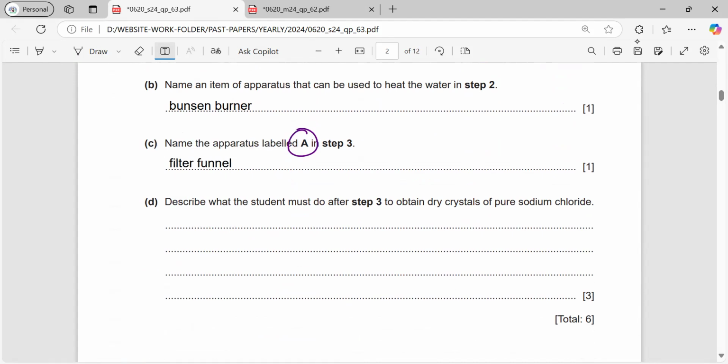Then describe what a student must do after step 3 to obtain dry crystals of pure sodium chloride. So after step 3, we will get a solution of sodium chloride in a filtrate. So when we have sodium chloride in a filtrate, what can we do to the filtrate to obtain pure crystals?